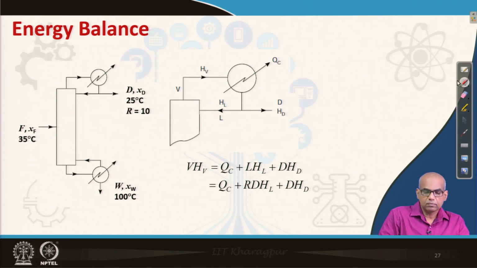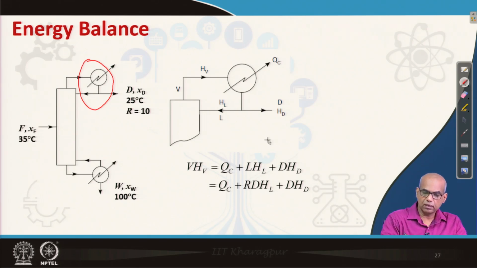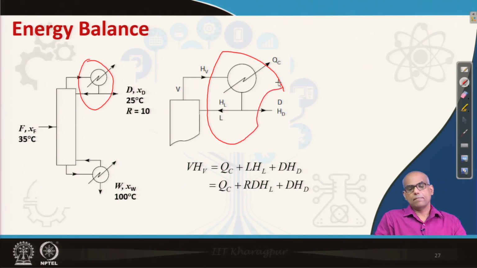For example, let us consider the top part of the distillation column. So, I can write energy balance around this envelope. So, this is shown here. So, you write energy balance around this envelope.